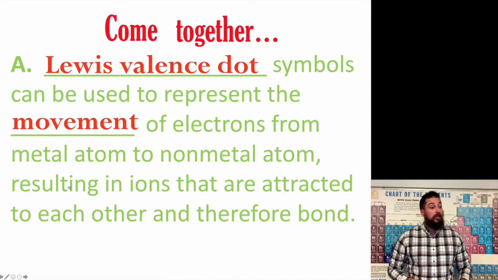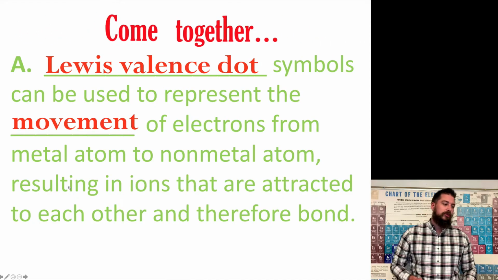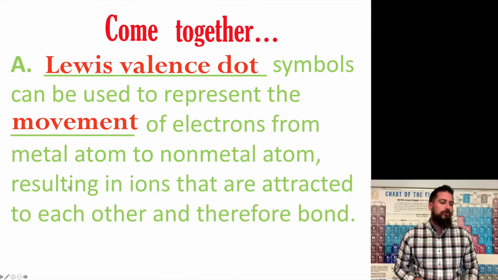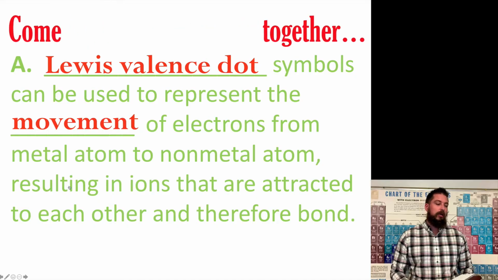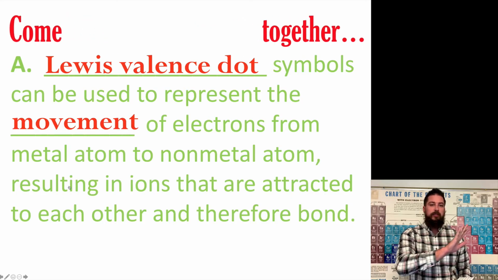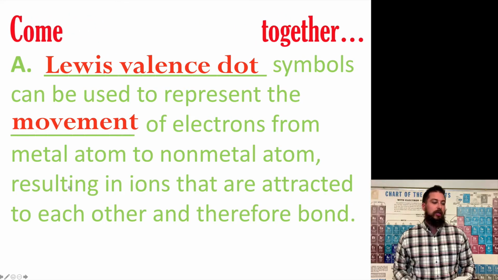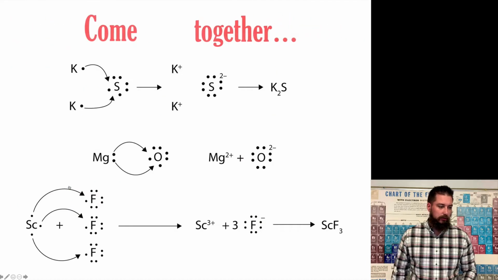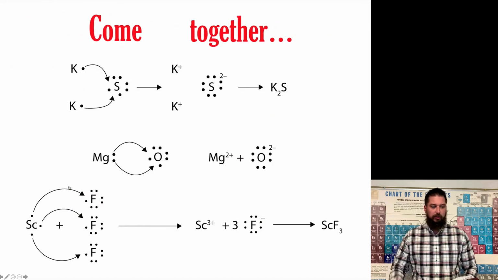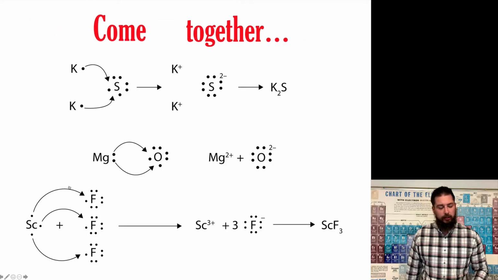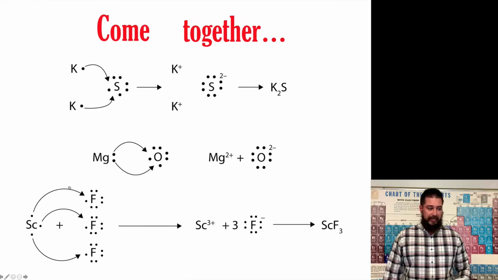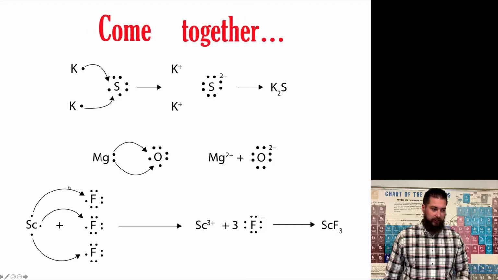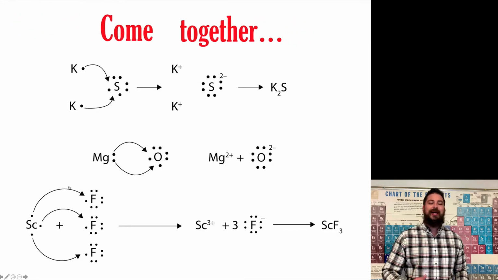Lewis valence dot symbols can be used to represent the movement of electrons from the metal atom to the non-metal, like the first slide, where the 1 valence electron of sodium transferred to the fluorine. Here are 3 examples. In the first, potassium has 1 valence electron and sulfur has 6.